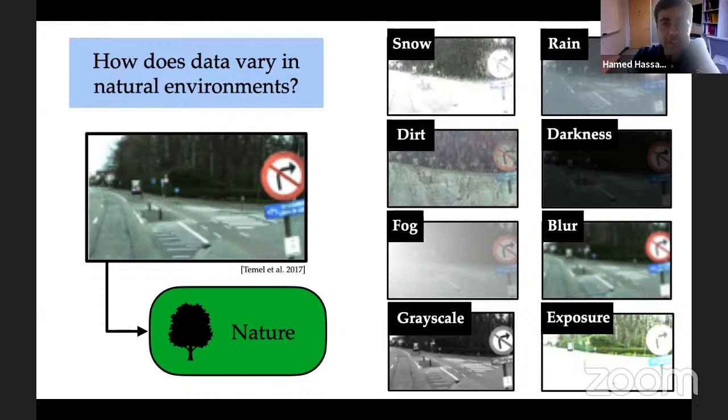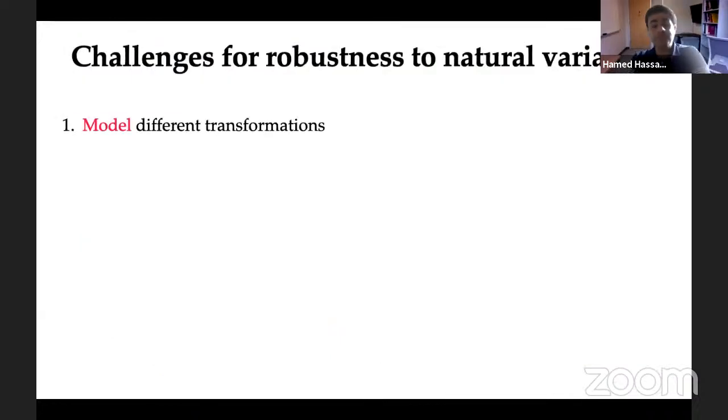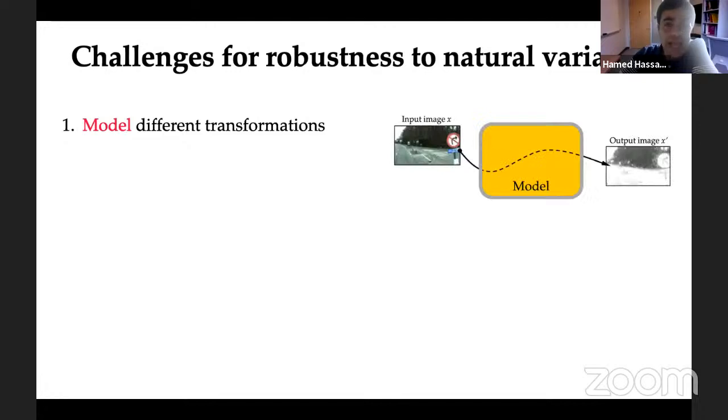First of all, we don't really have a mathematical understanding of these natural variations. We don't have an analytical model that, for example, takes as input an image in sunny weather and gives me as output something snowy. So the first challenge is to mathematically formulate and understand these types of natural variations.